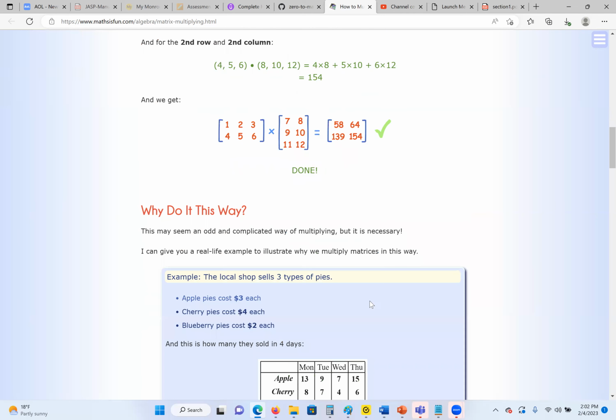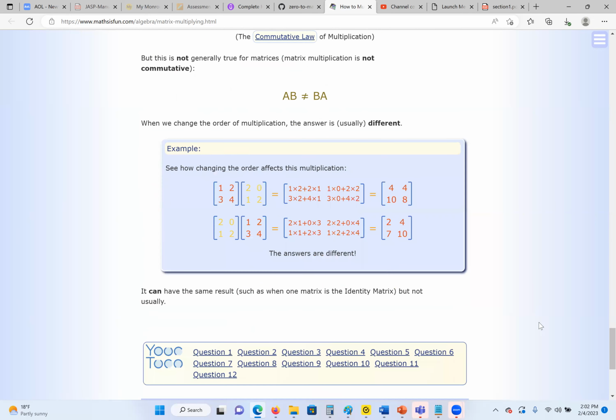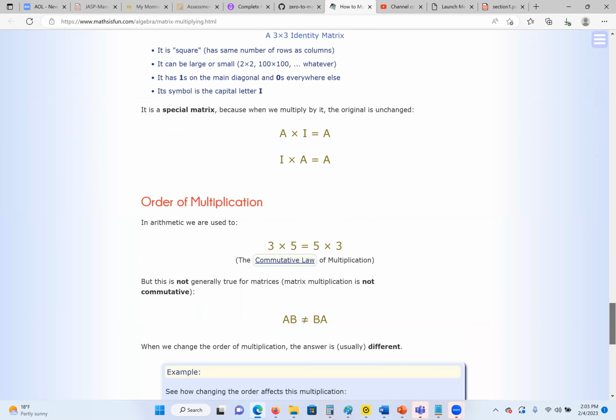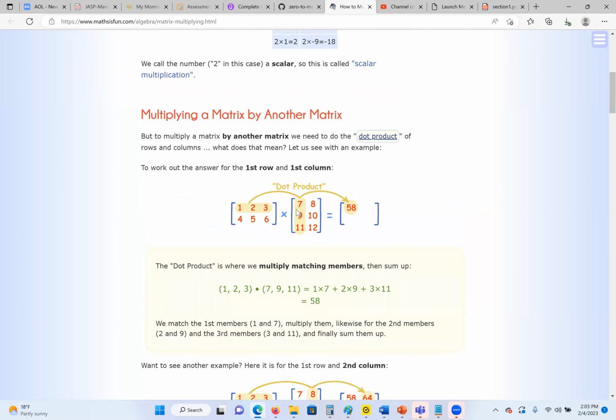But also one thing that we want to mention, which is very important, is that even if you have 2 matrices and you change their order, you can't get the same answer. And one more time before we leave, the size of the matrix is important.